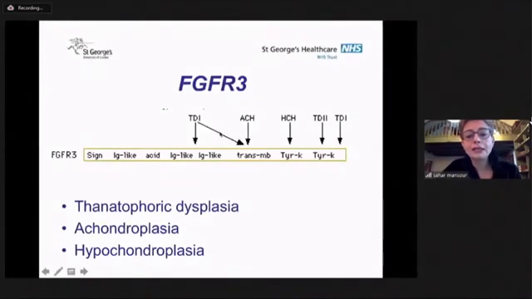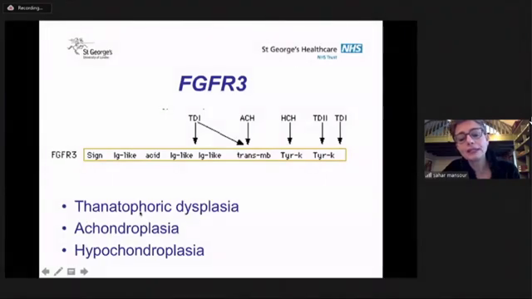This is a really interesting gene. Like many of the genes, it causes a variety of problems with varying severity. So some of the mutations cause thanatophoric dysplasia, a lethal skeletal dysplasia. There is a hotspot here in the transmembrane domain. Two mutations account for 98% of achondroplasia.